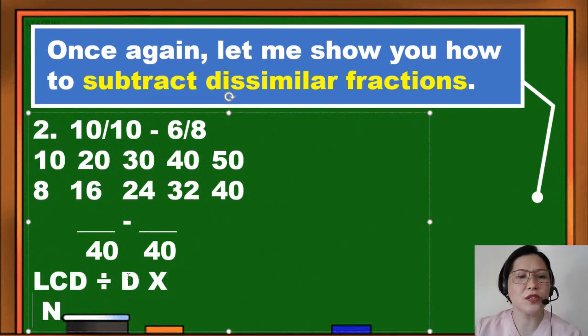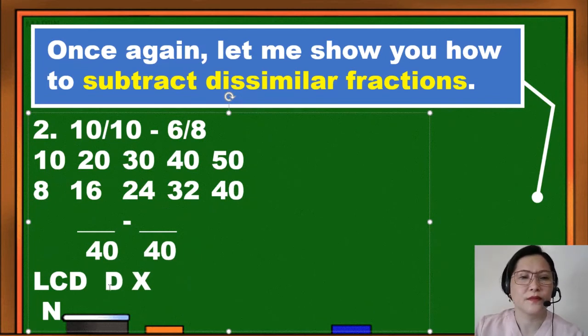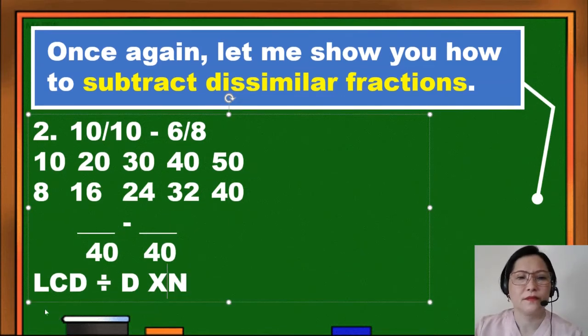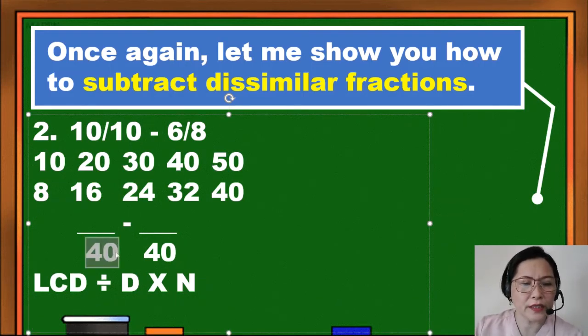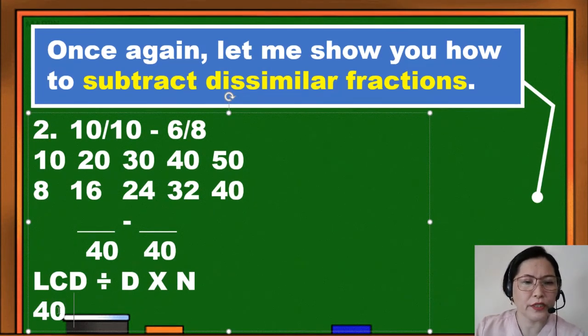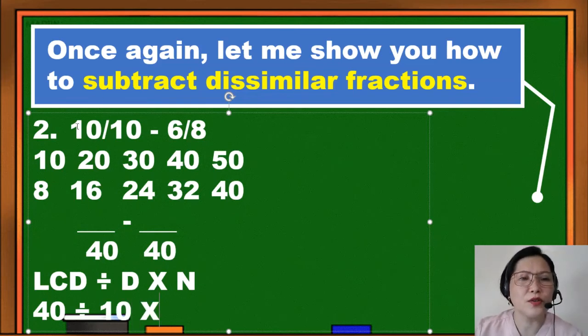So let's substitute. The LCD is 40, divided by the denominator, which is 10, times the numerator, which is 10. So what's the answer to that? 40 divided by 10 is 4, times 10 is 40.